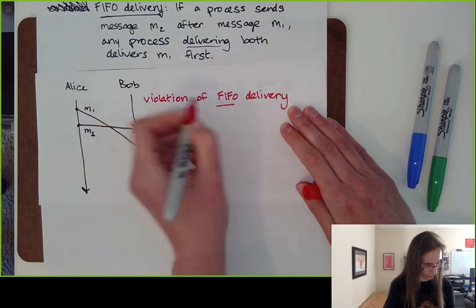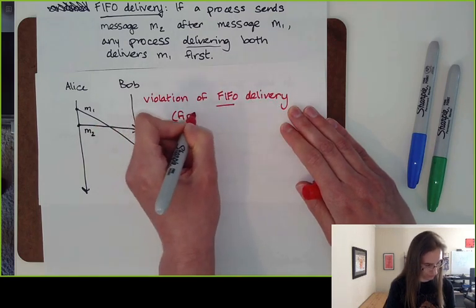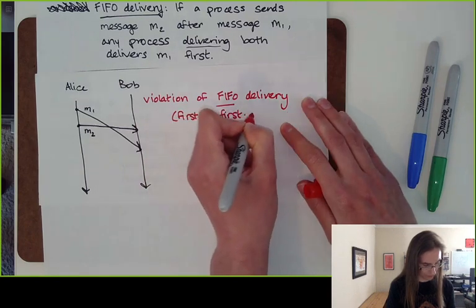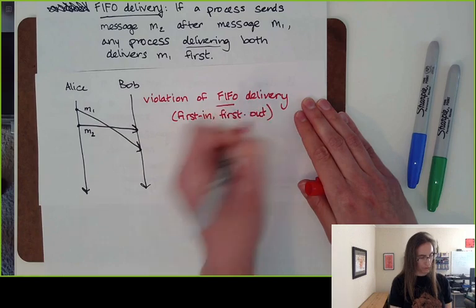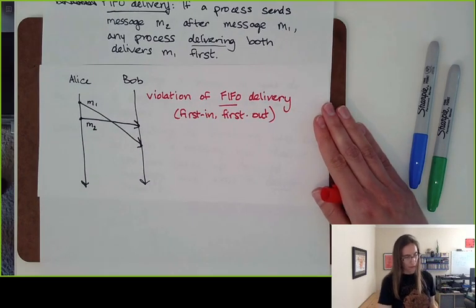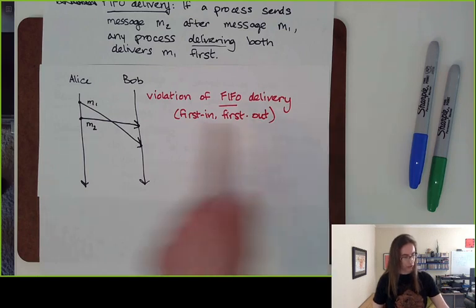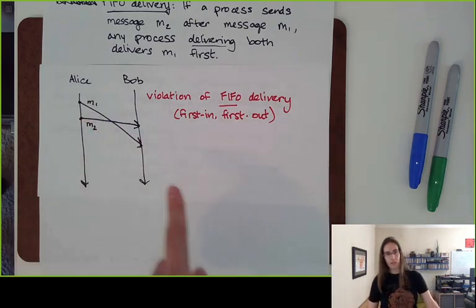FIFO, by the way, stands for first in, first out. So you can think of FIFO delivery as establishing a sort of first in, first out channel between 2 processes.